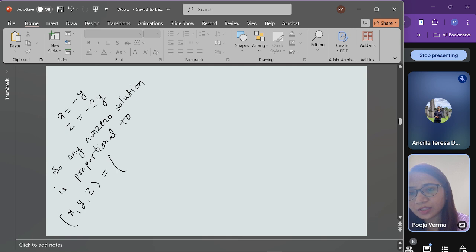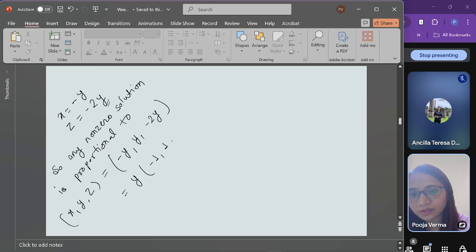So in the place of x, we can write minus y, right? And y is y only. Already everything we have written in terms of y. And in the place of z, we can write minus 2y. If we take the y out, what will we get?